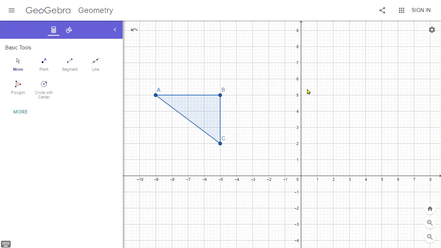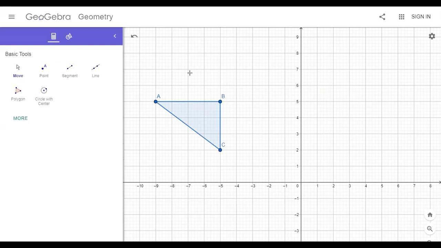Let me annotate first. This point A is located 9 units from this axis of reflection. This axis of reflection is taken as the y-axis.